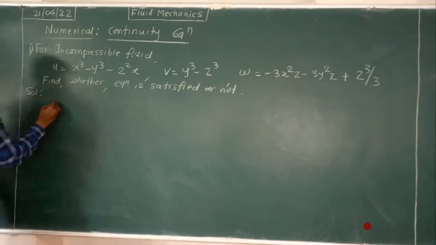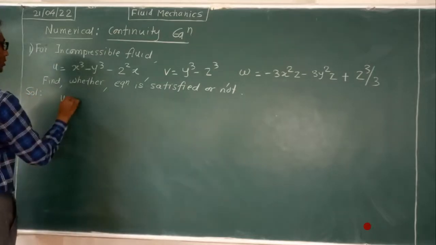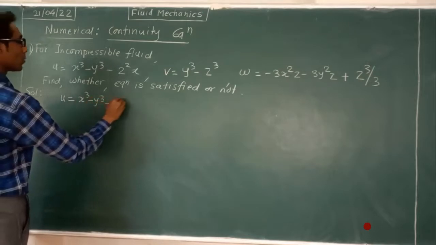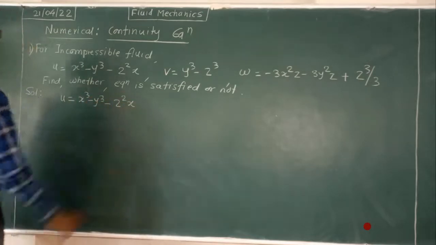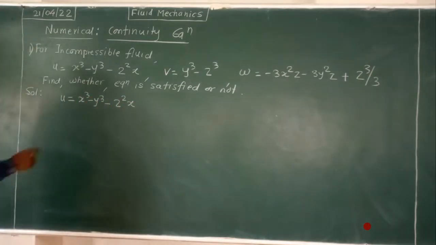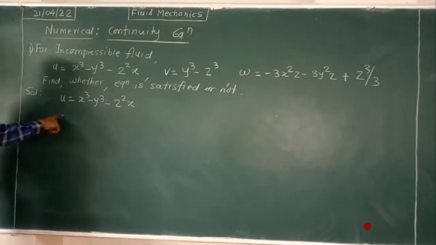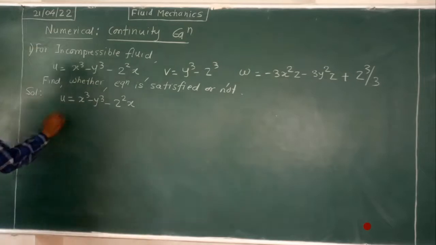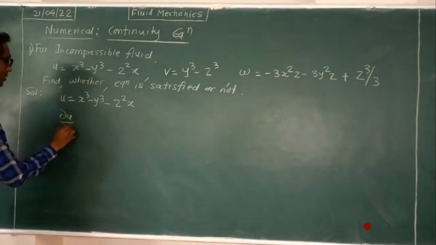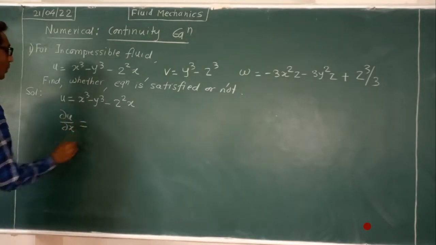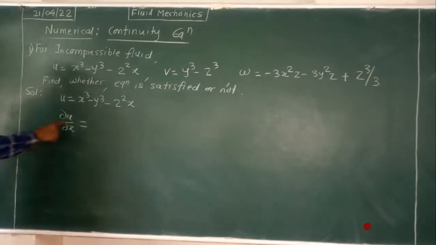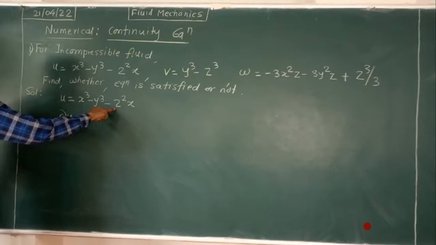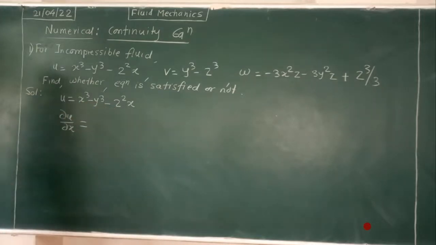Solution. First of all, take u is equal to x cube minus y cube minus z square into x. We know that the continuity equation involves differential components. So we differentiate this equation with respect to x, ∂u/∂x. In this case the other parameters y and z will be constant.